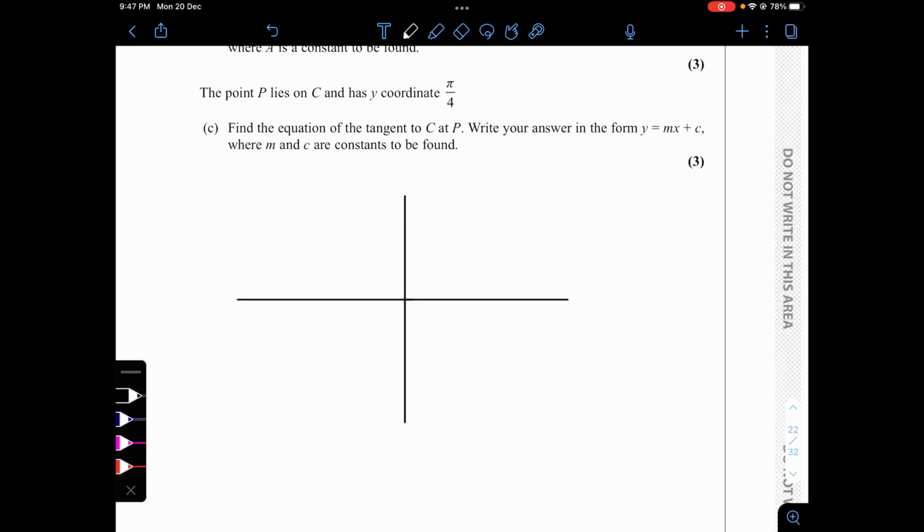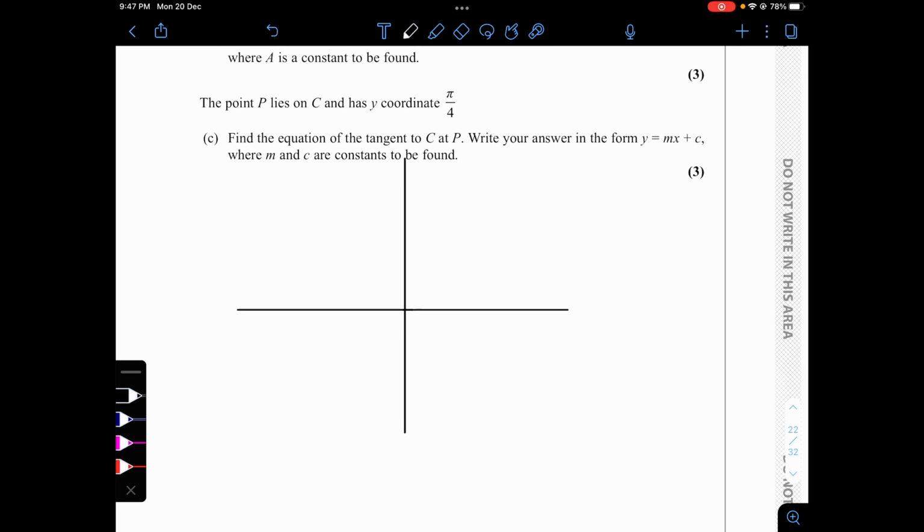Alright, so what do we know about arcsine graphs? They sort of look like this, but they're more condensed. So in this case, they're more like this, and then like that.